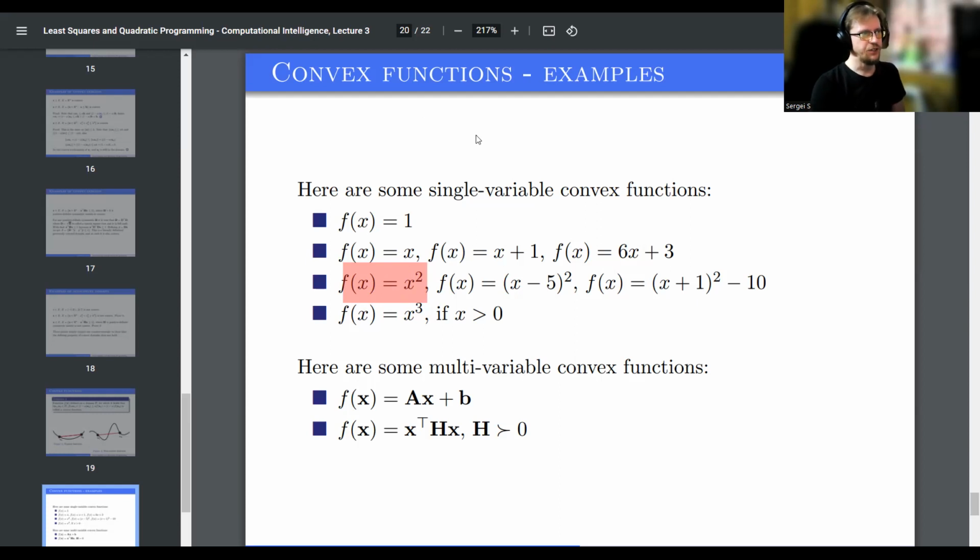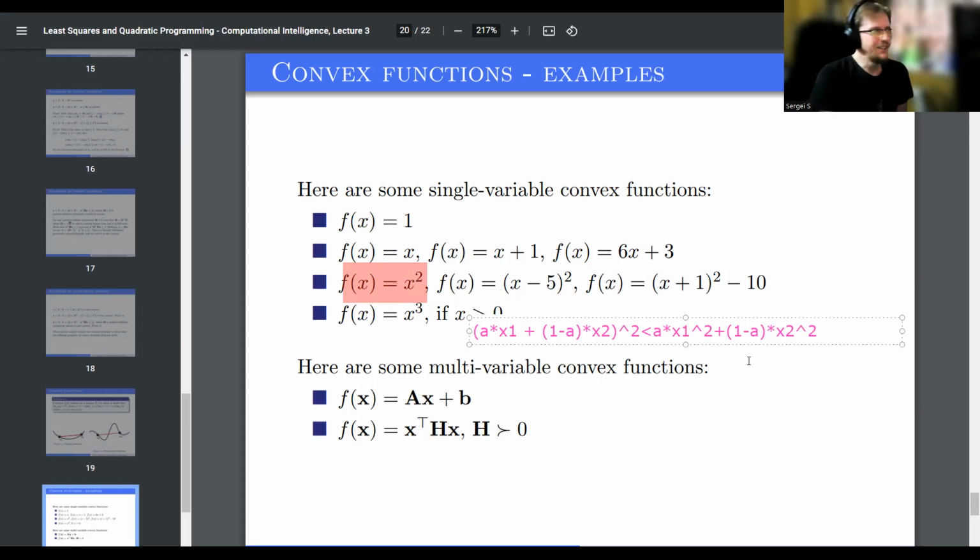But if you want to check it using our definition, it would be a little bit difficult, right? You would have to prove that x1 squared times alpha plus, that is a function, so this is a convex combination of the outputs of the function, plus 1 minus alpha times x2 squared, has to be bigger than alpha times x1 plus 1 minus alpha times x2, squared.